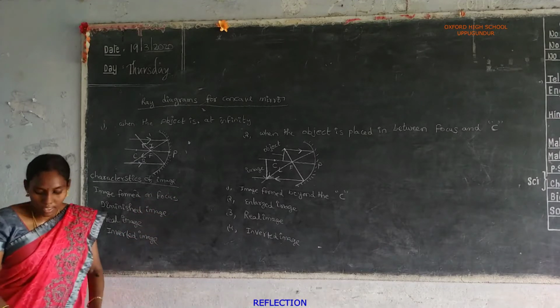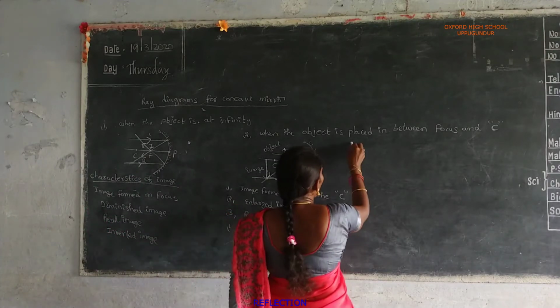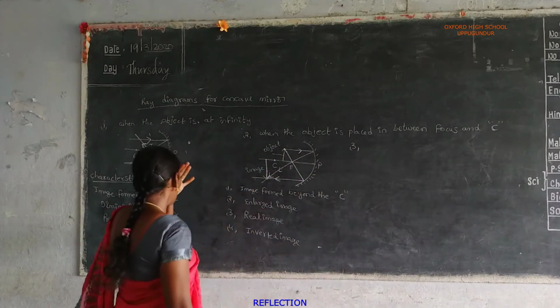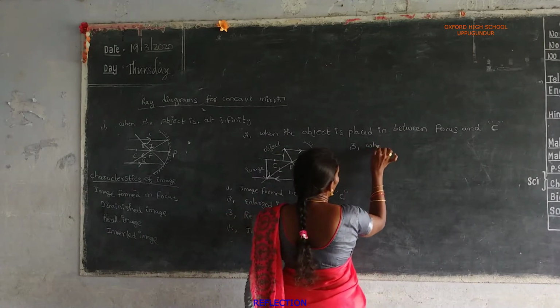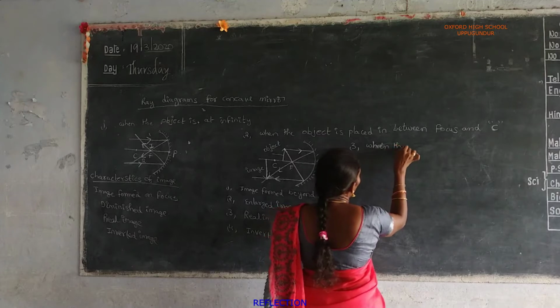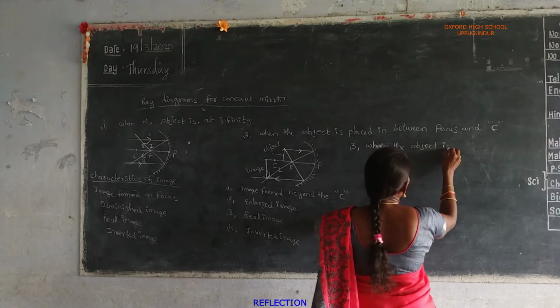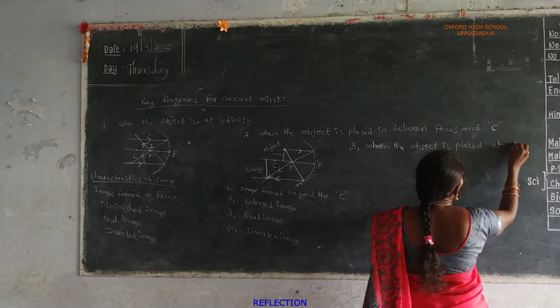And see the next, third ray diagram. Third ray diagram: when the object is placed at C. At C means at center of curvature.